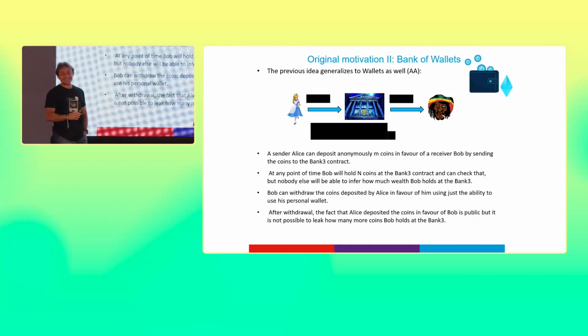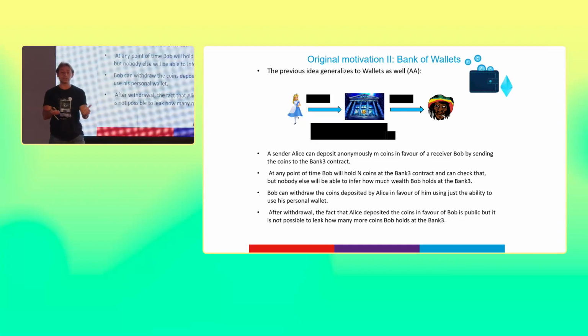So in this slide, there is Alice. Alice sent M coins to Bob, specifying just the public key of Bob. Before withdrawal, the situation is that Bob has N coins at the bank. After withdrawal, Bob will have N minus M coins, and it will be visible that Alice sent Bob M coins.